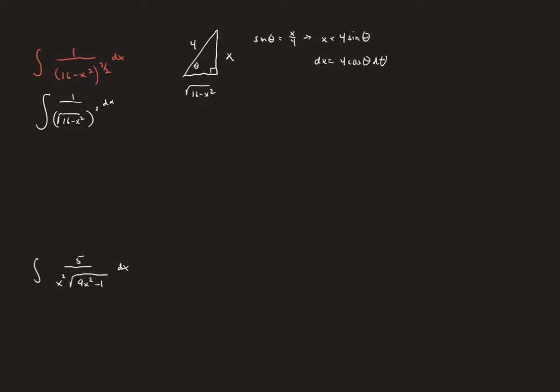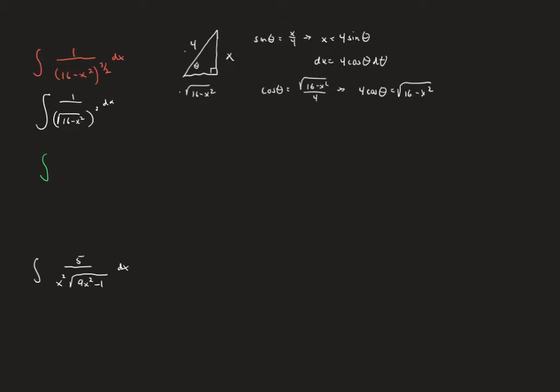We need to figure out what that radical is. So we're going to connect the radical with the constant. So that means the cosine of theta will be the adjacent, which is our radical, over the hypotenuse. And that means that 4 cosine theta is going to be that square root of 16 minus x squared. So now we're ready to get our new integral.